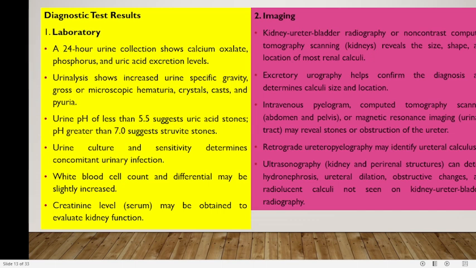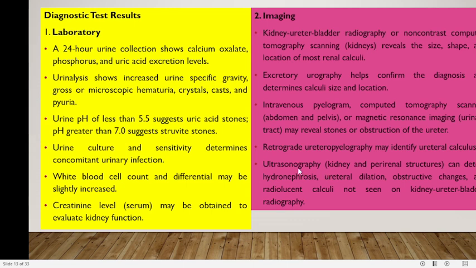We have intravenous pyelogram, computed tomography scanning of the abdomen and pelvis, or MRI. This one may reveal stones or obstruction of the ureter. We have retrograde ureteropyelography. This one may determine ureteral calculus.